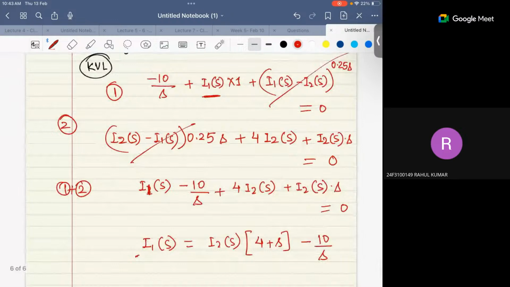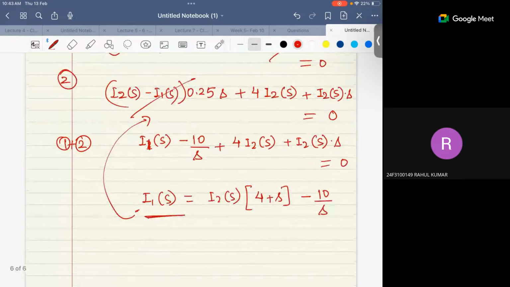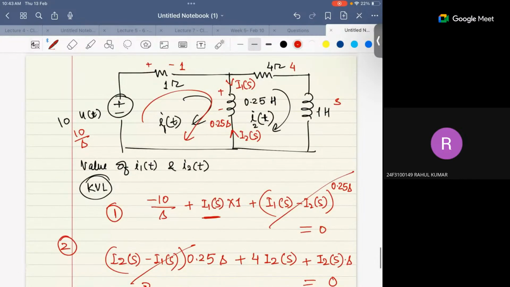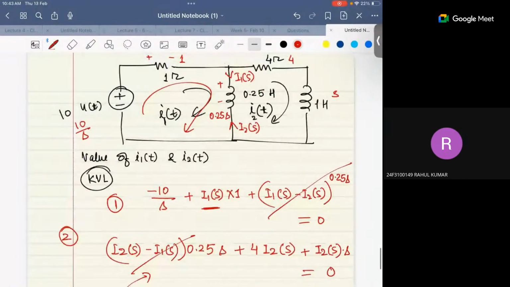You have to take the value of I1 that we have got and put it in one of the equations, so that the whole equation is in the form of I2 itself, and then calculate I2. The equation that we wrote was correct, right? I guess that is correct.